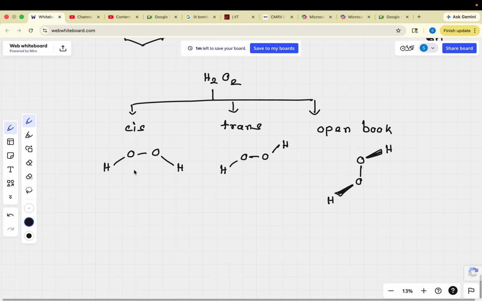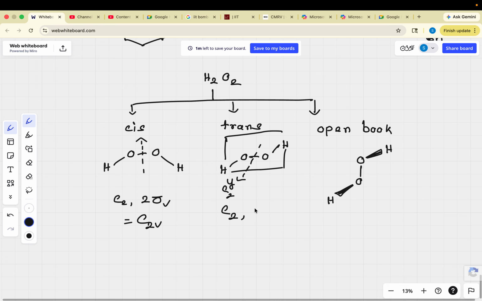If you see here, a C2 axis is present. So you have a C2 axis and 2 sigma V, which leads to the C2V point group. Here you will have the C2 axis along the y direction, so you have C2y, and this molecular plane will be perpendicular to this C2y axis, which we have already done.